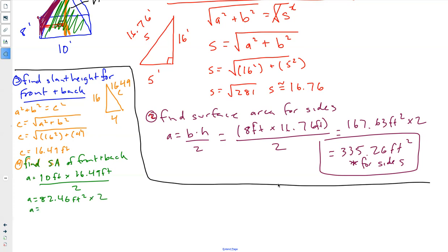The surface area of the front and the back is equal to 164.92 square feet. So we've done the front and the back and the 2 sides. Now we need to find the base area.